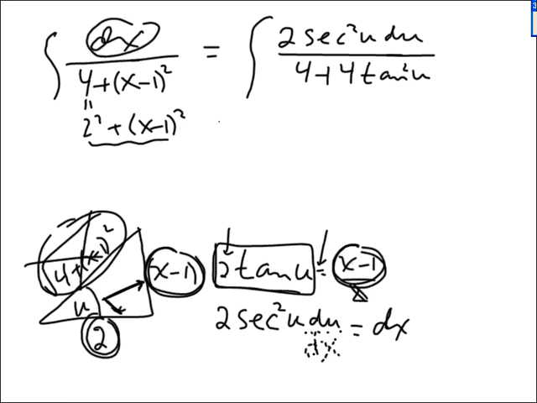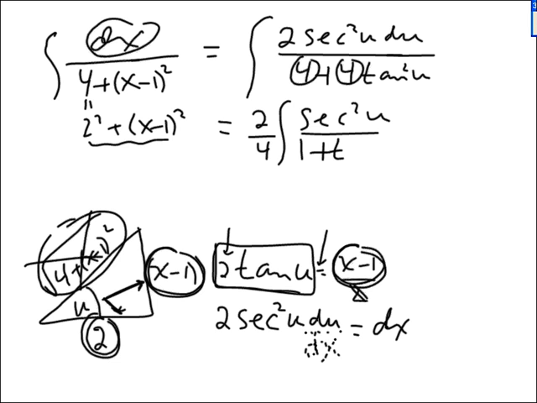Now, I'm going to factor out the 2 on the top. Now I'm going to factor out the 4 on the bottom. And I'm going to get 1 plus tangent squared u. And I forgot to write the du on top.